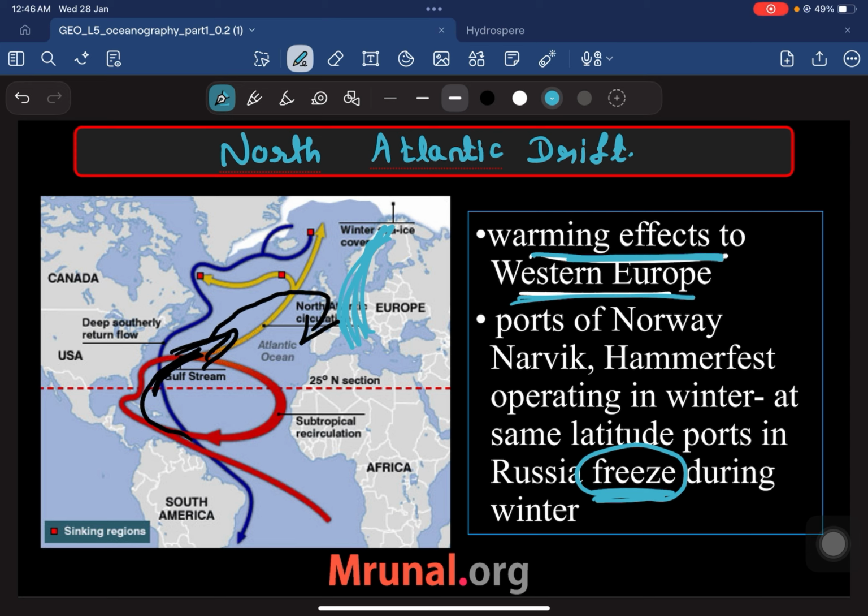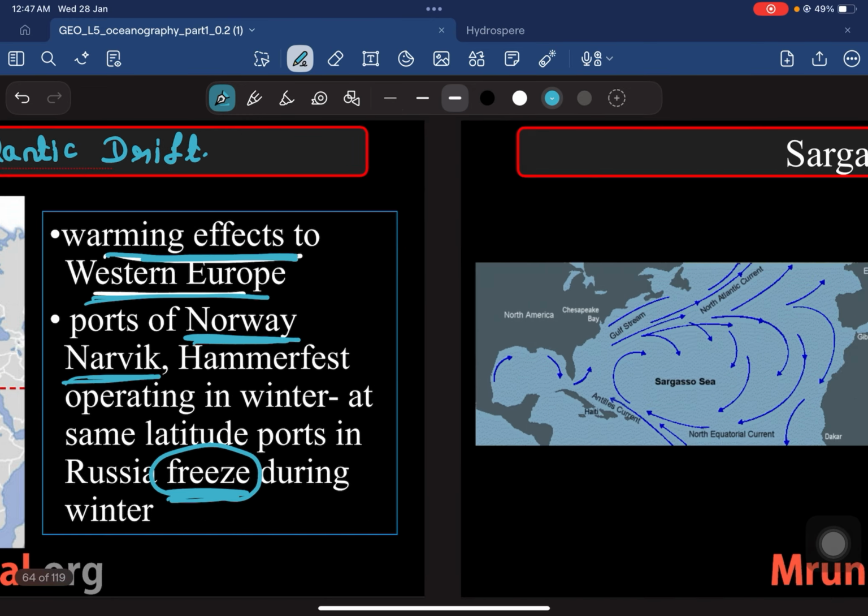This is how it will give warmth to some ports in Western Europe, like Norway and Narvik. Norway port and Narvik port become warm in winter because of this Gulf Stream. Understood up to this one?